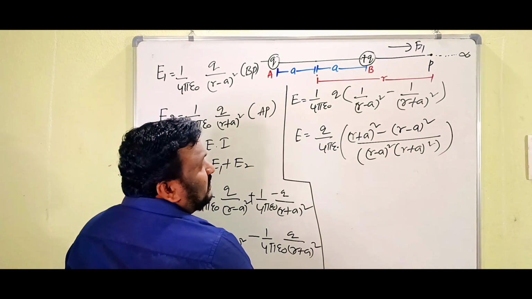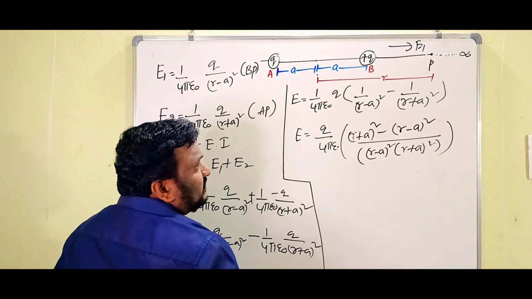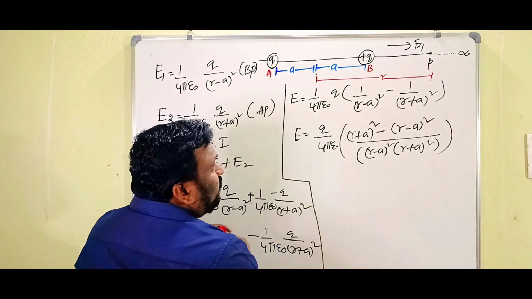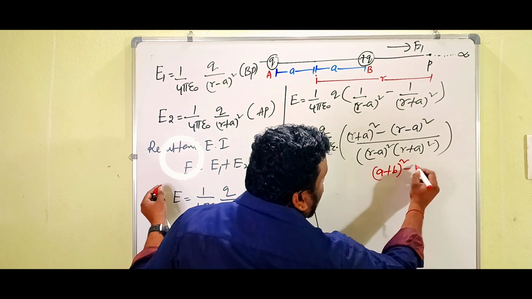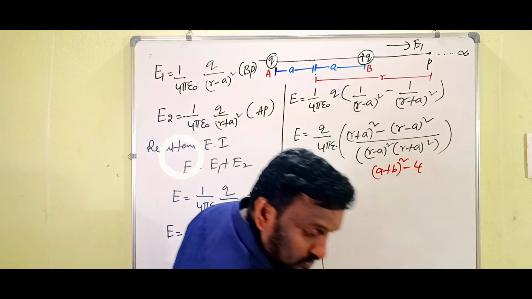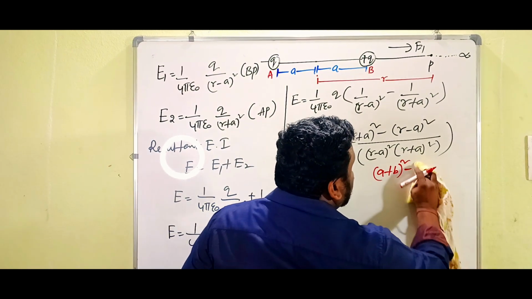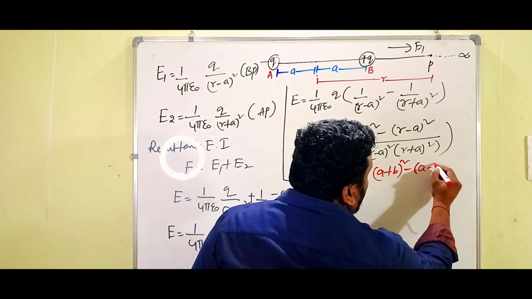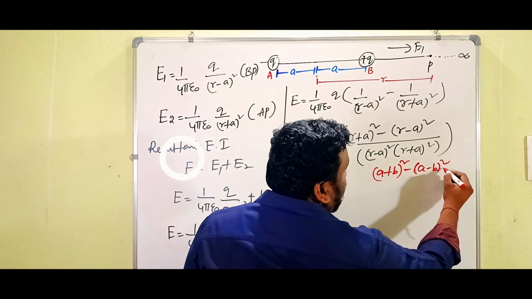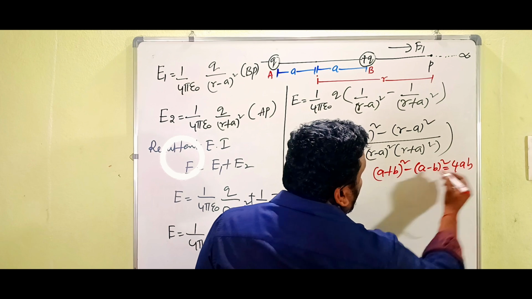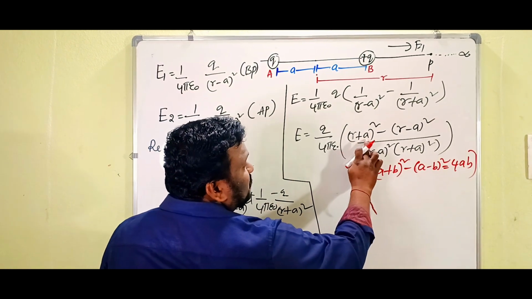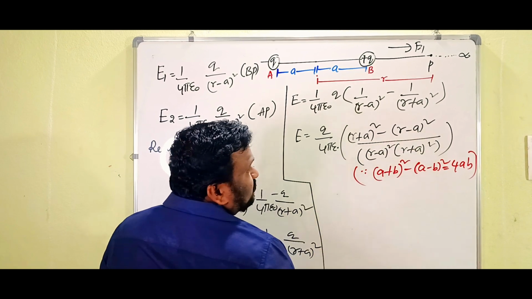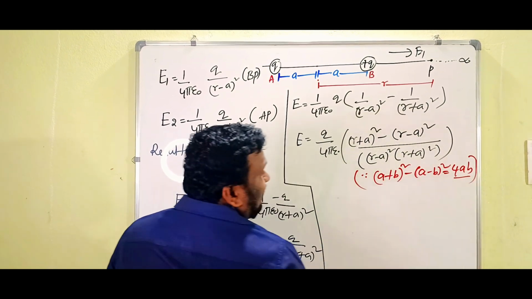Children, it is in the form of (A plus B) whole square minus (A minus B) whole square. Then the result is what? 4AB. Clear? The formula is 4AB.